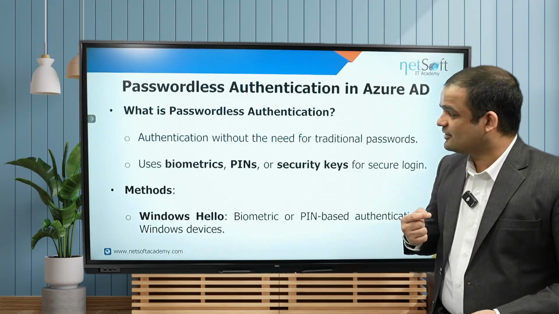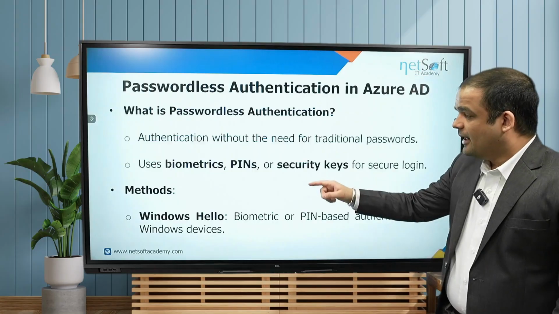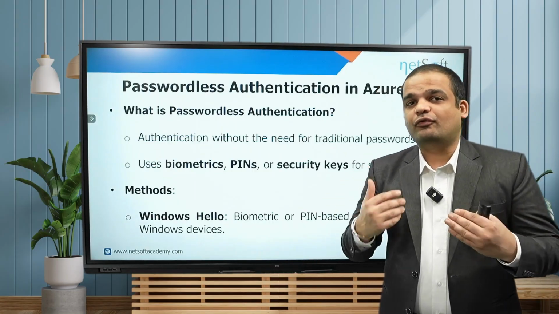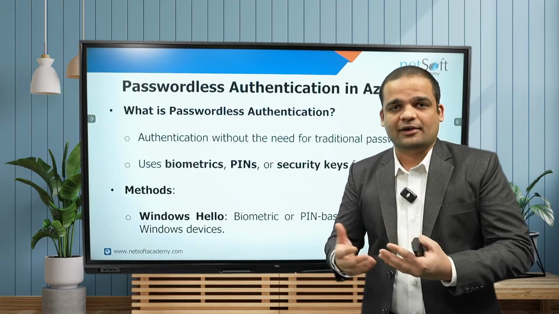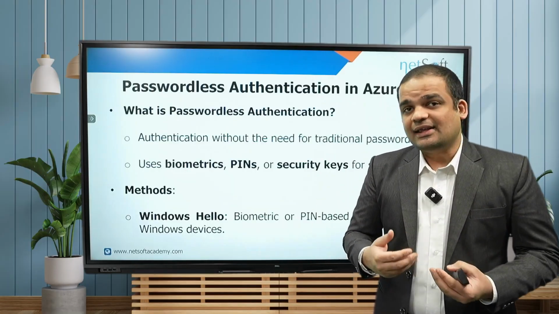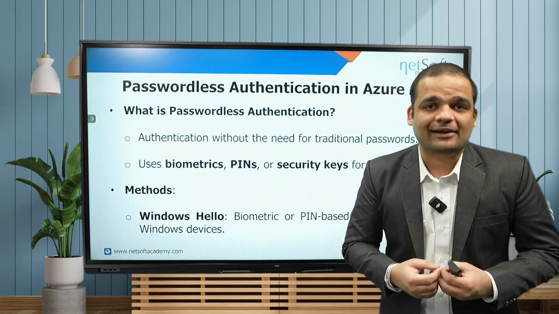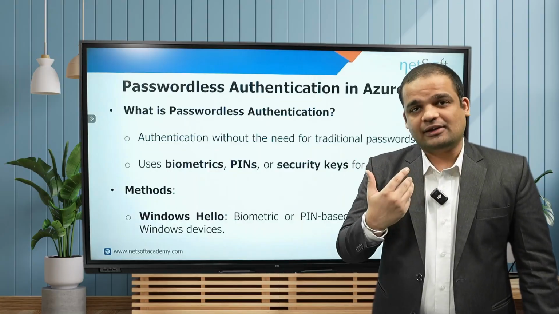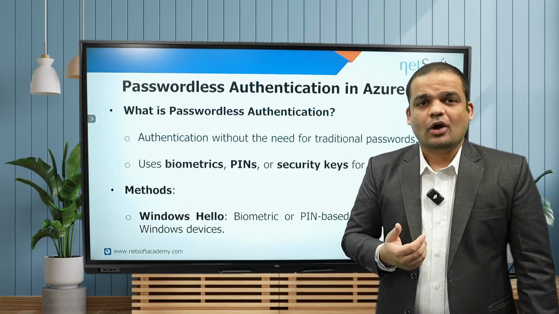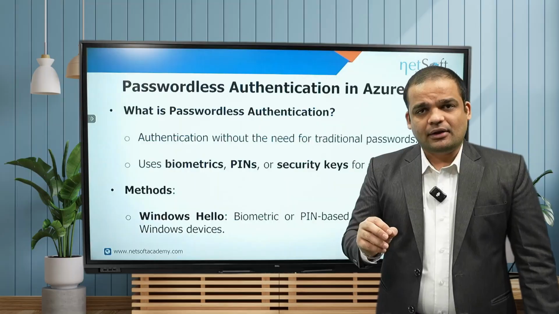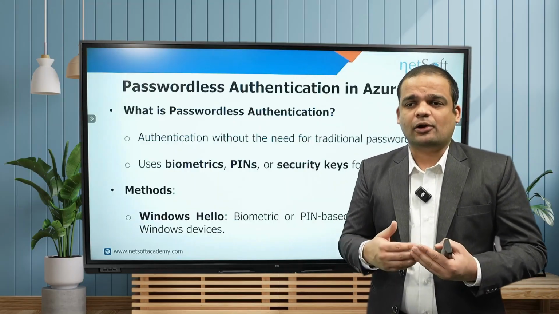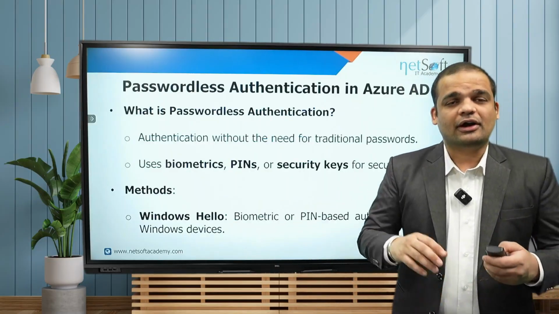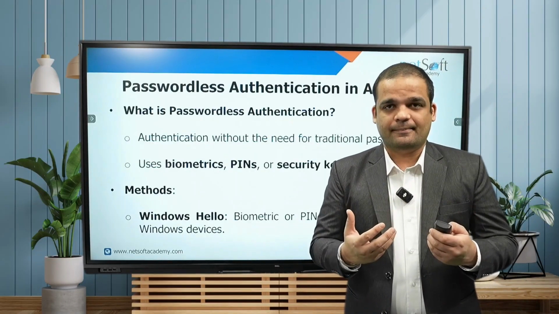Now, the next concept is the methods. The first method is Windows Hello. Think about Face ID in your iOS ecosystem. This allows users to authenticate via biometrics, like your face data or facial recognition. Or you can also use PIN on your Windows device. That can also be regarded as passwordless. But Windows Hello is for facial recognition.